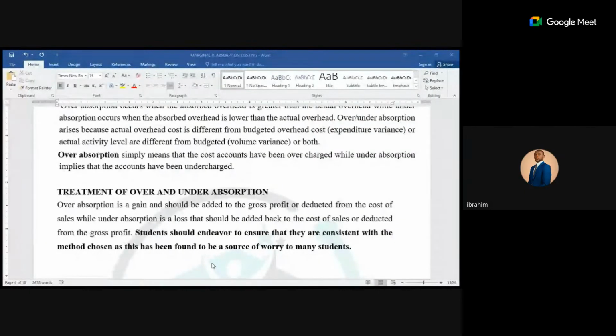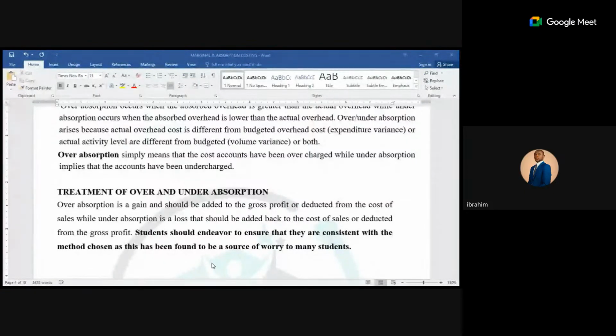No, class, over absorption is a gain. You will know the reason why as we move. When you have under absorption, it is a loss that should be added back to the cost of sales. We will get there.